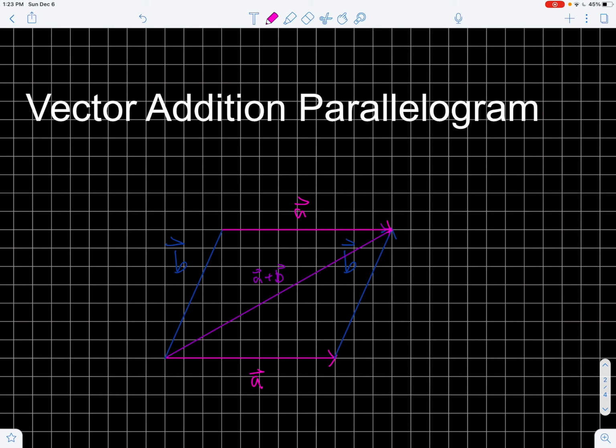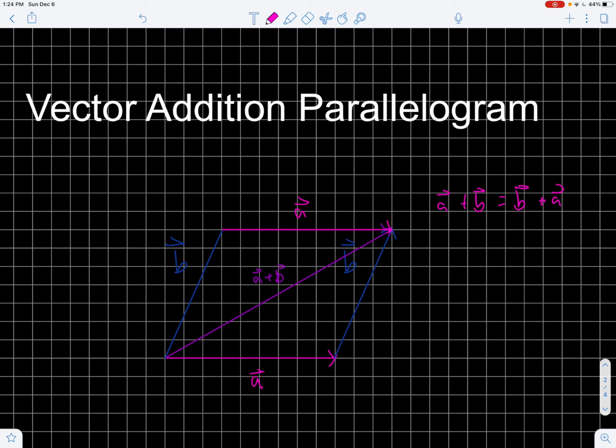Now, if we were to draw vector B plus vector A, we would start at this point right here and end at this point right here, which gives the exact same vector as A plus B. So if we have a parallelogram where two sides are vector A and two sides are vector B, one of the diagonals is going to be vector A plus vector B, which is the same as vector B plus vector A. We've proved it geometrically, proved it-ish, I guess.